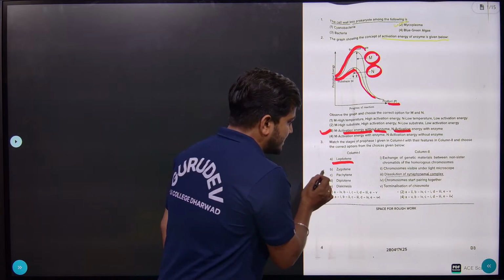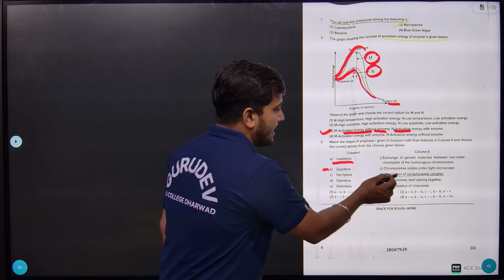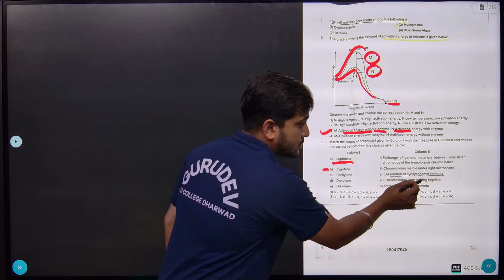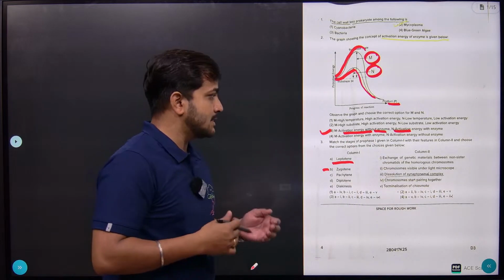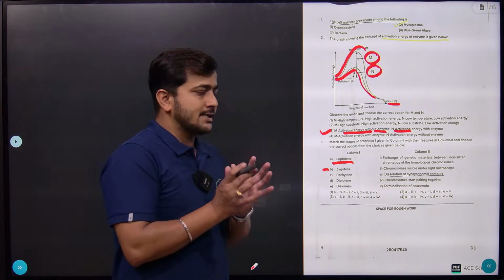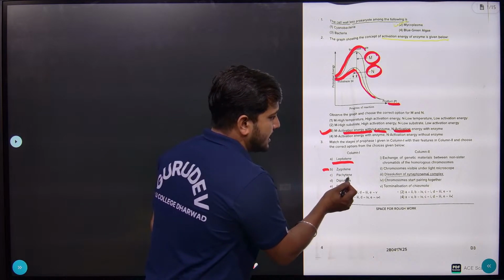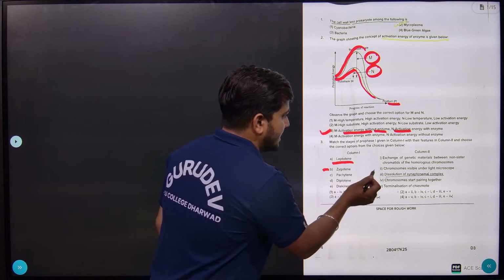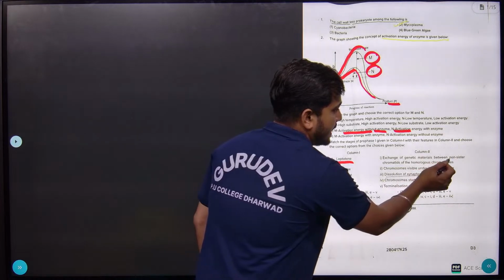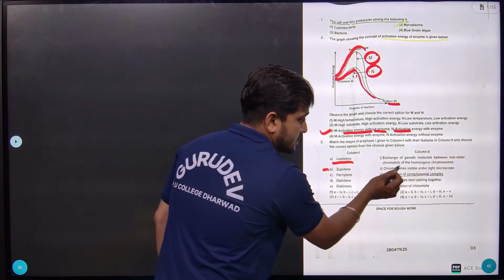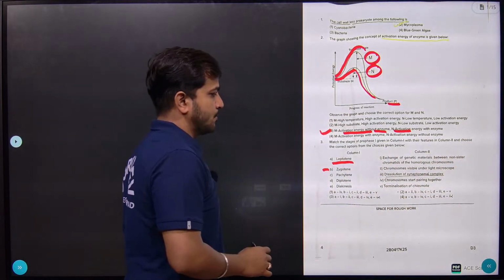Then if I consider zygotene, the chromosomes start pairing together, where synaptonemal complex formation starts taking place. Then pachytene is nothing but the exchange of genetic material between the non-sister chromatids of the homologous chromosomes, right?